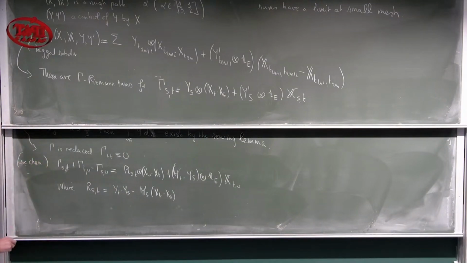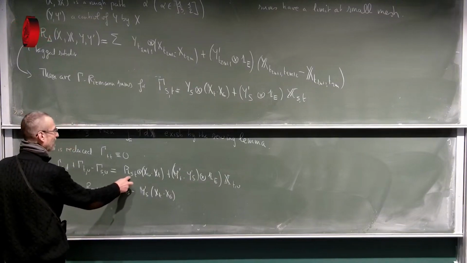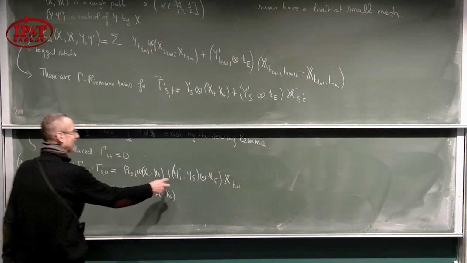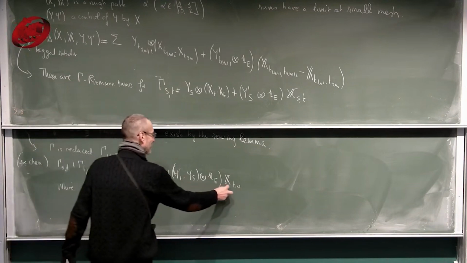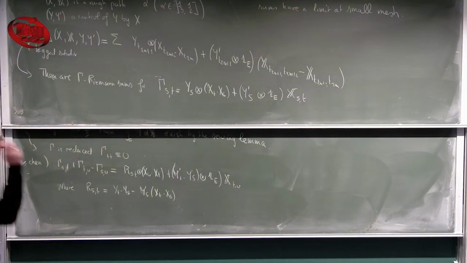And now you see this guy here, by hypothesis of a controlled path, this one is of order 2 alpha, this one is of order alpha, so this is 3 alpha. This one is of order alpha, this one is of order 2 alpha, so this one is also of order 3 alpha, so we've got the 3 alpha.